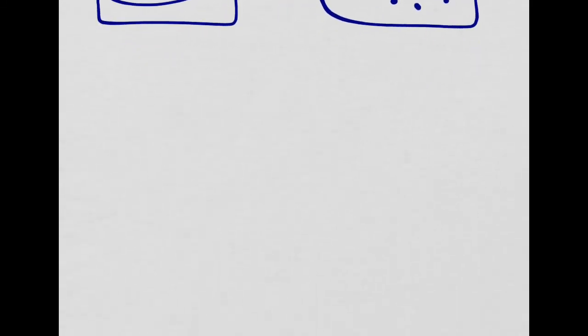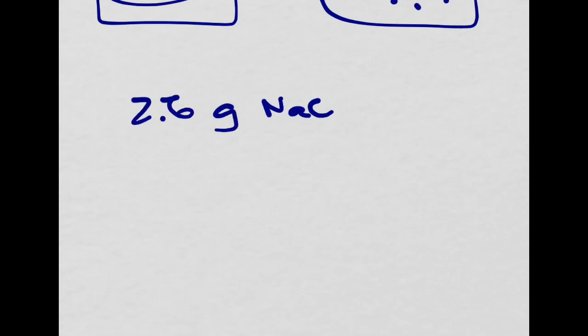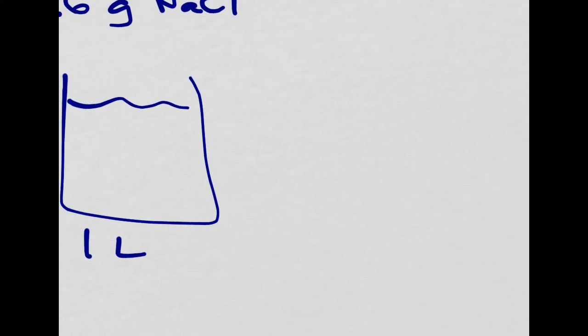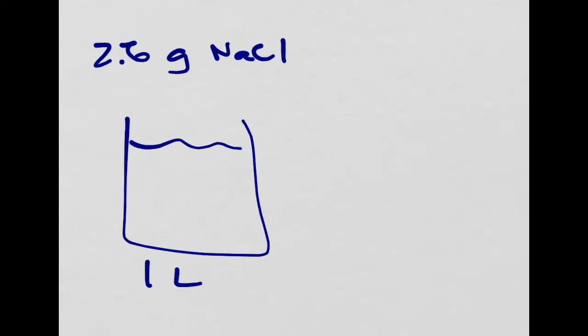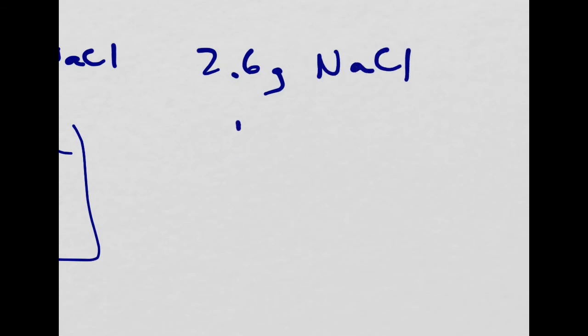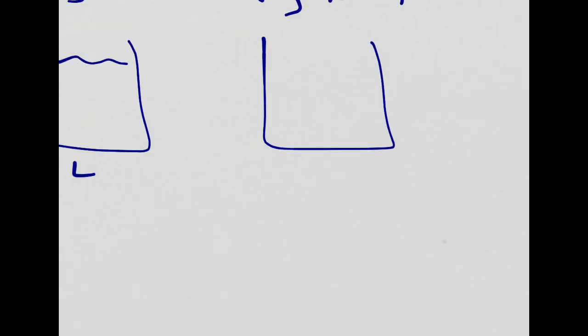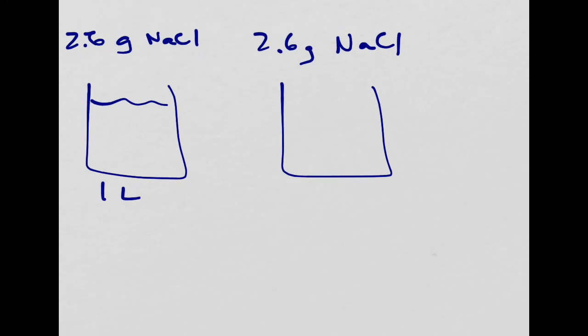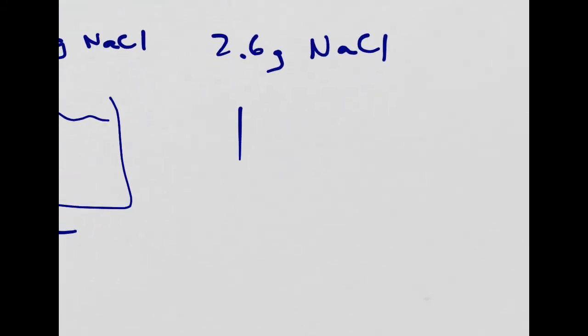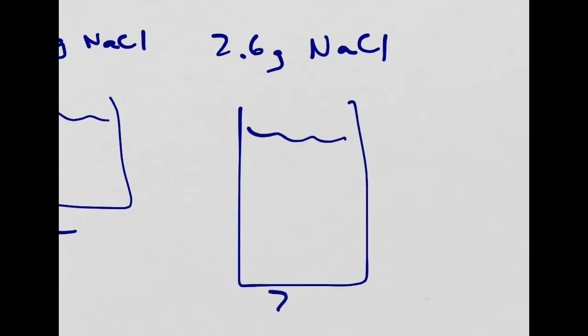Let's imagine I take 2.6 grams of sodium chloride, and I put that into, in this case, 1 liter. And then I do the same thing. I take another 2.6 grams of sodium chloride, and I put that instead into, well, I should make this a little bit bigger, I put this into 2 liters of water.